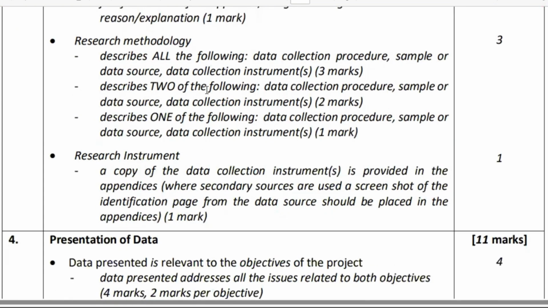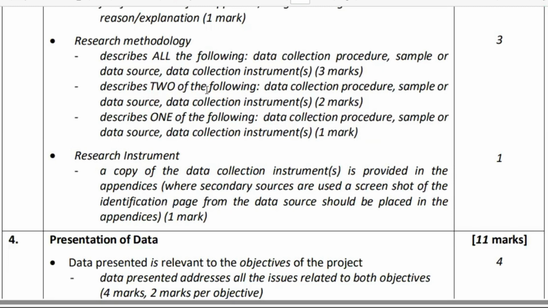For your research methodology, you are to describe all the following: data collection procedure. How did you collect your data? Your sample, what was your sample size? Your data source, data collection instrument. What did you use? Did you use a questionnaire? Make sure that you describe them, right?